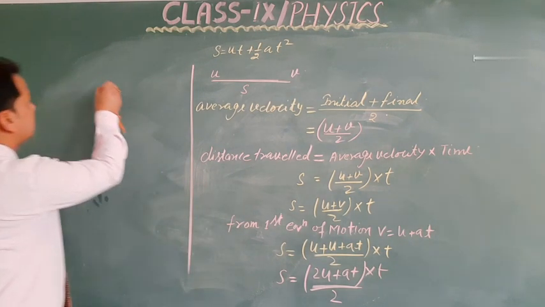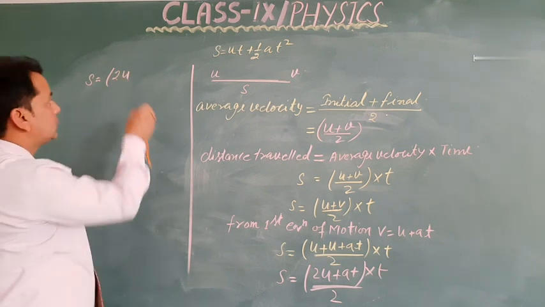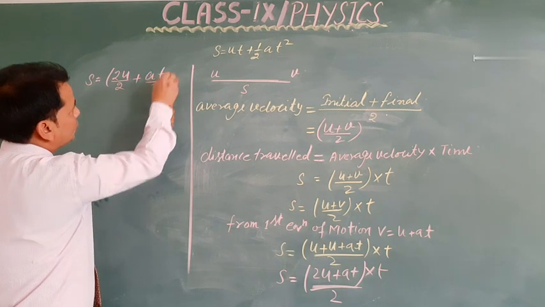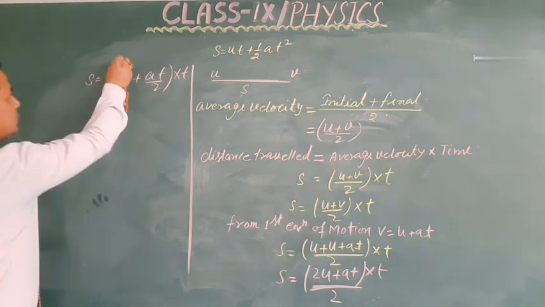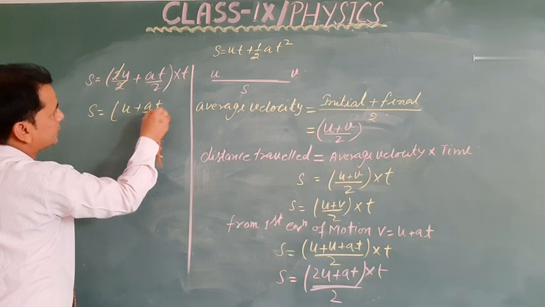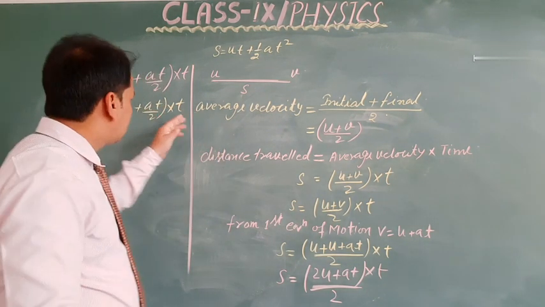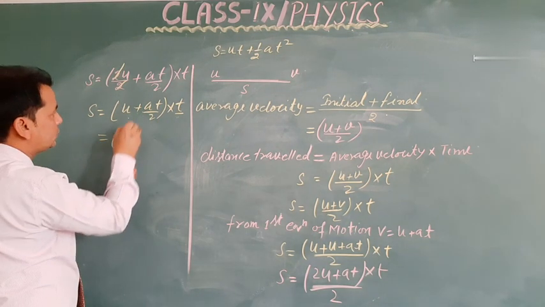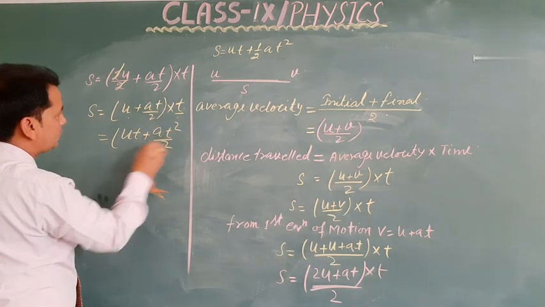Separating this equation, s equals 2u by 2 plus at by 2 into t. Then cancel 2, so u plus at by 2 into t. Multiplying t inside the bracket, that is ut plus at square by 2.